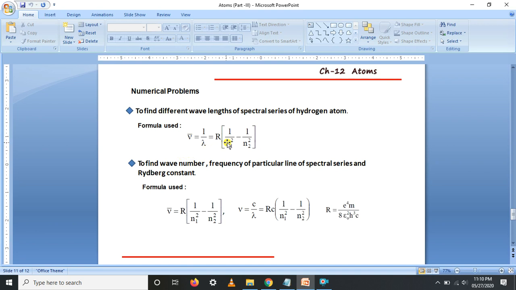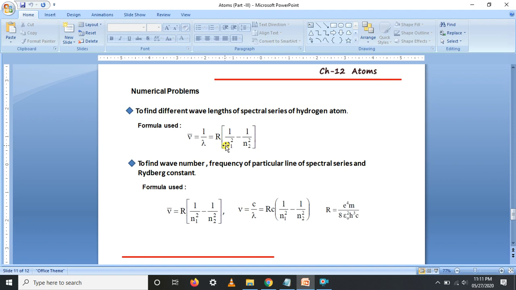That is 1 by λ is equal to R into (1 by n1 square minus 1 by n2 square). For the Lyman series, n1 is 1. For the Balmer series, n1 value is 2.